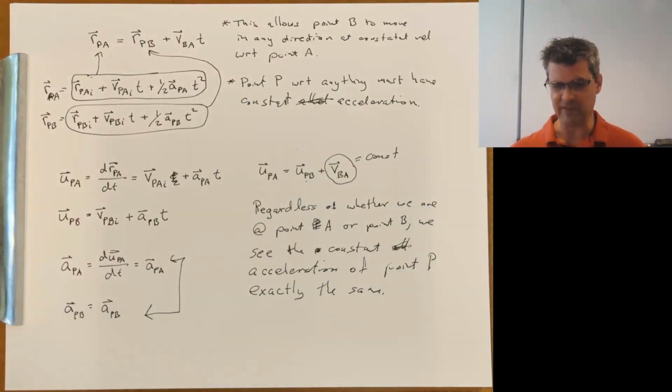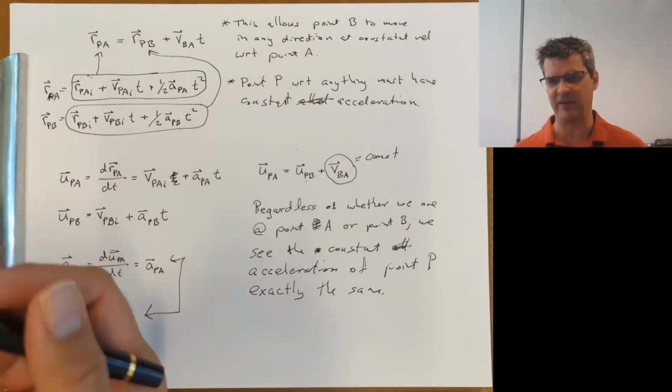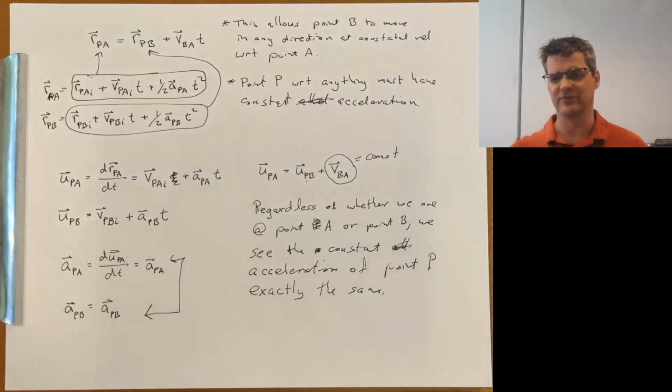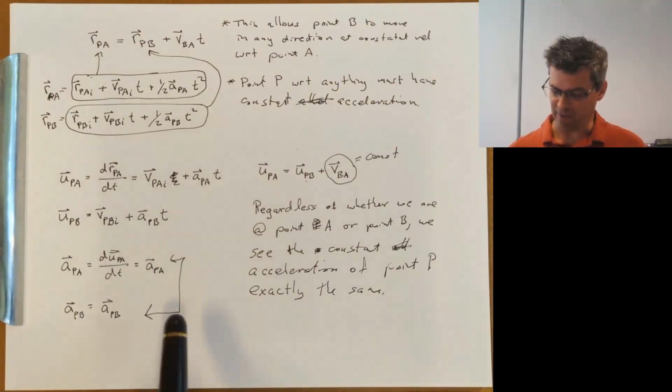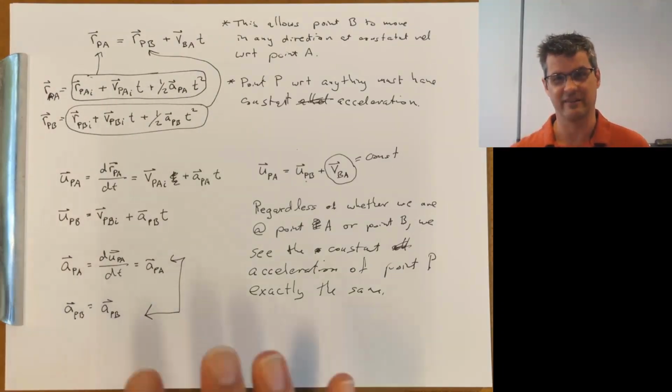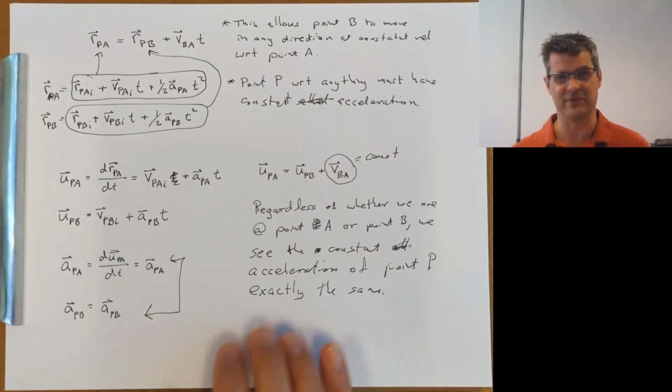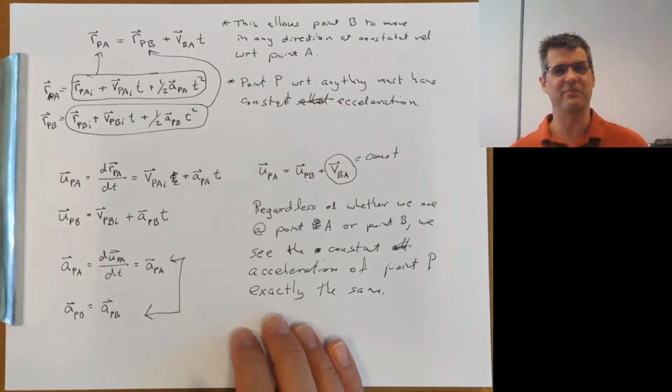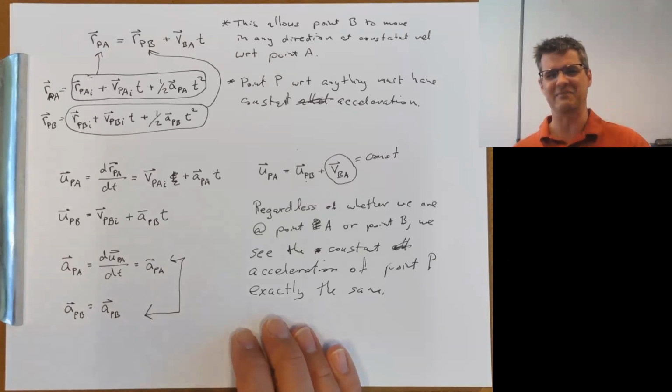So we can be sitting at rest with respect to the ground, and we're watching point P go through some system with constant acceleration. I can watch a projectile motion problem from the ground. If I was to watch that same projectile motion problem from a bike that's rolling along at 10 miles per hour, as long as my speed is constant with respect to the ground, I will see that projectile motion problem in exactly the same way. I will see the exact same constant acceleration.